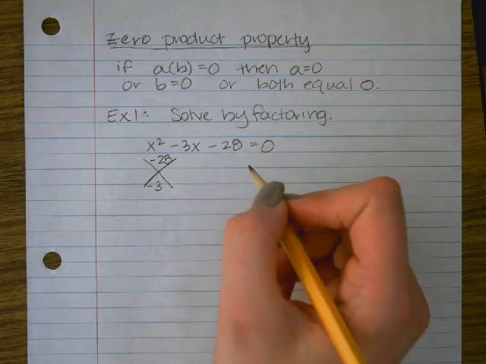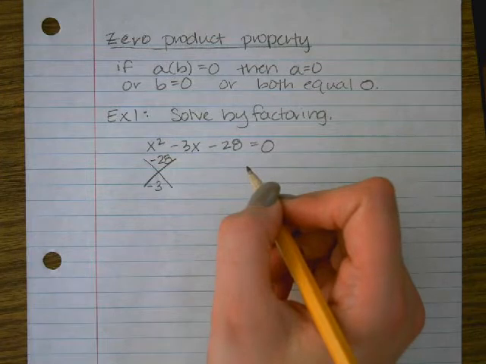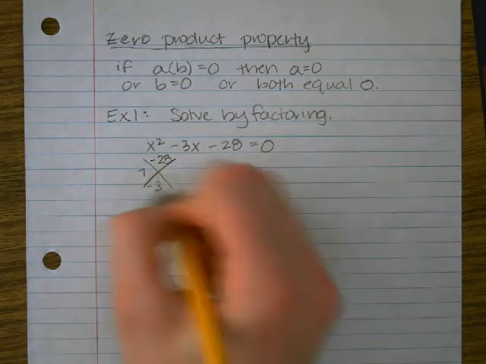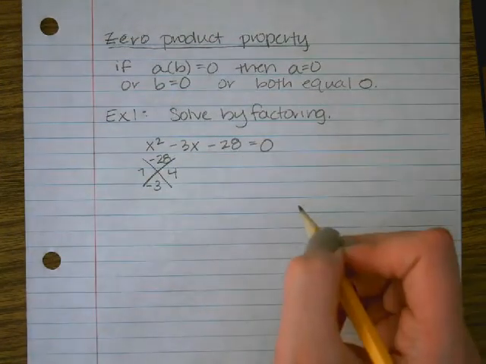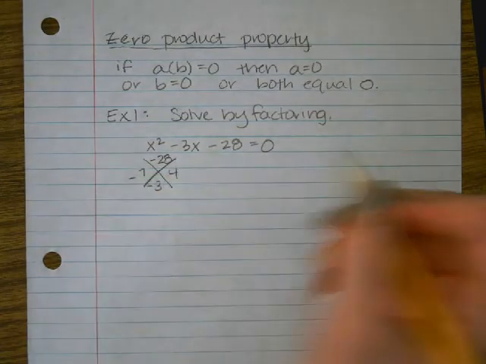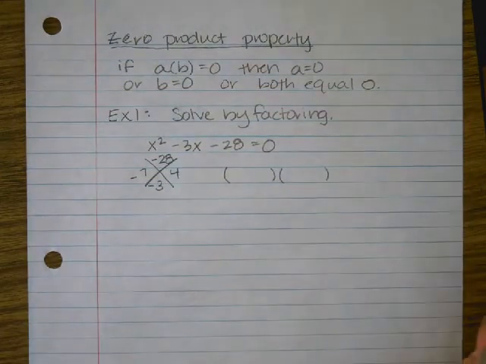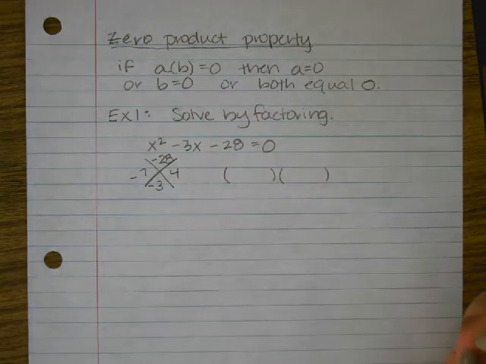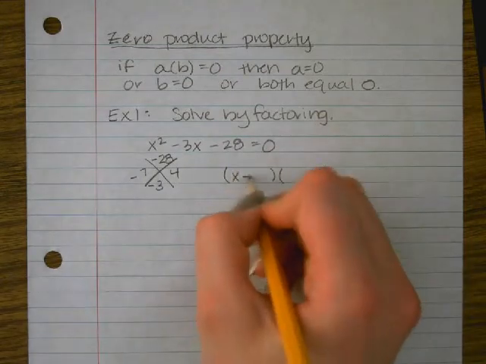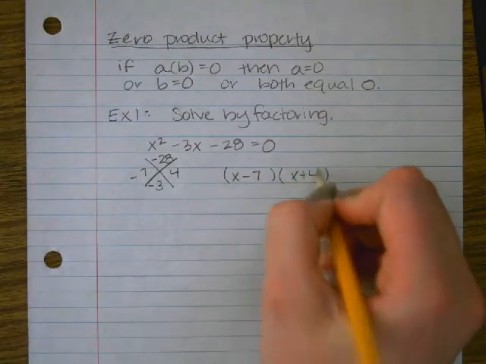Multiplies to negative 28, adds to negative 3. Yeah. 7 and 4. Then we got to have some signs in there, right? Anyone know what the signs should be? Negative 7. Okay. So that means what do we put in our parentheses? X minus 7, x plus 4.